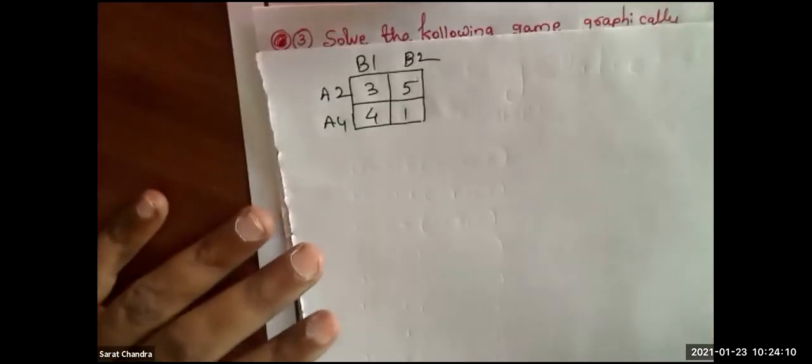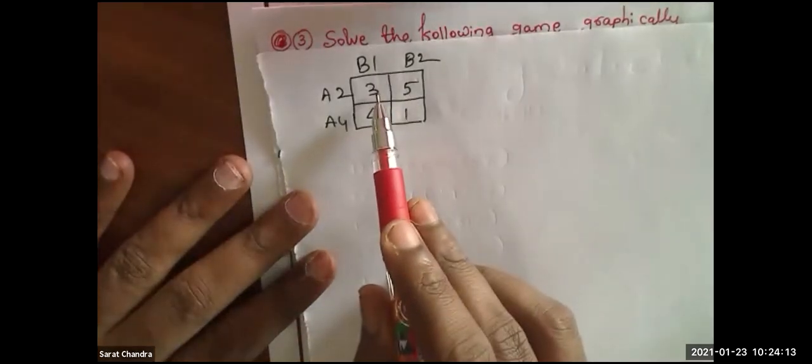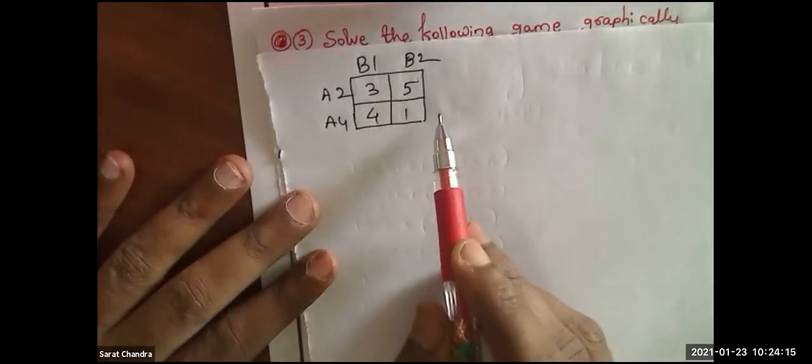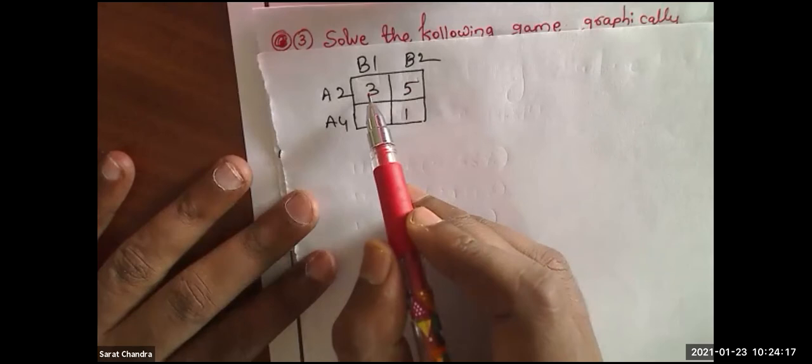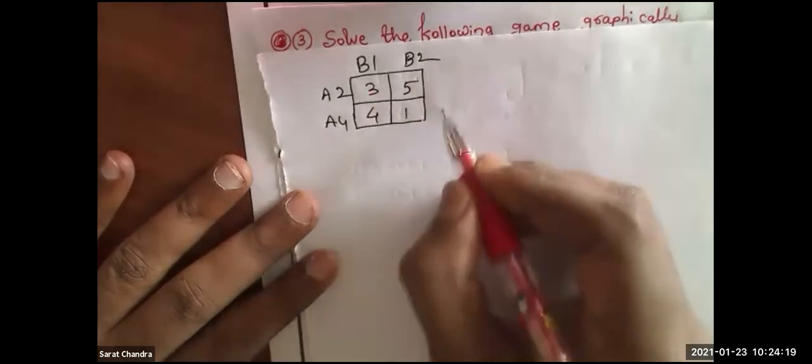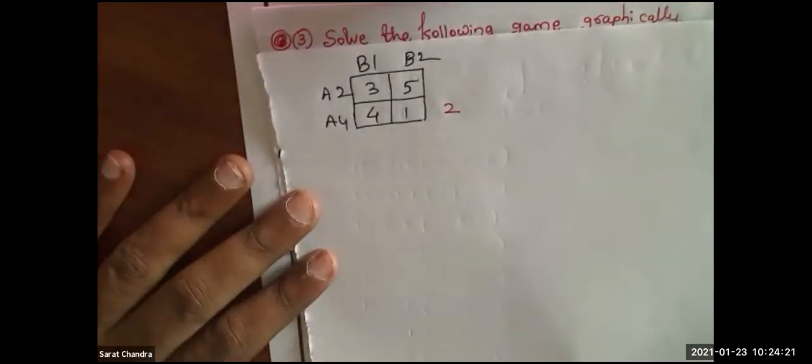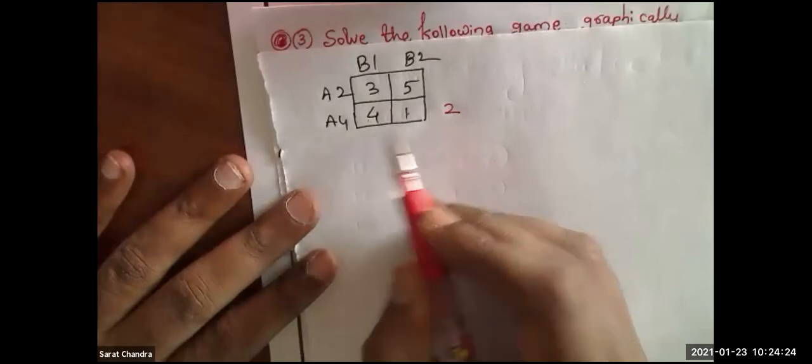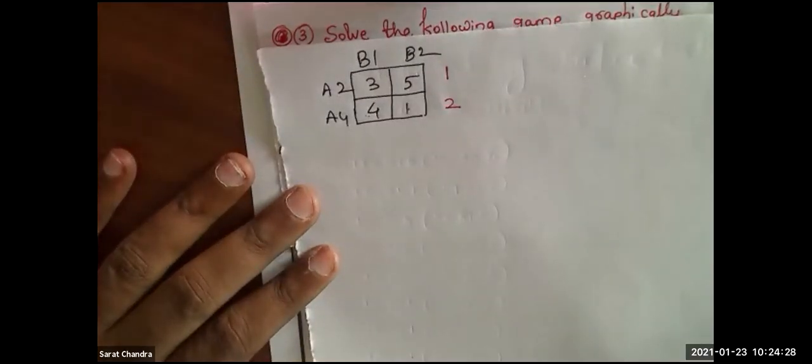Now we are going to solve this matrix. How to solve it? Take the difference of one row and write it in the opposite row. What is the difference between 5 and 3? 5 minus 3 is 2. Now the difference between 4 and 1: 4 minus 1 is 3.